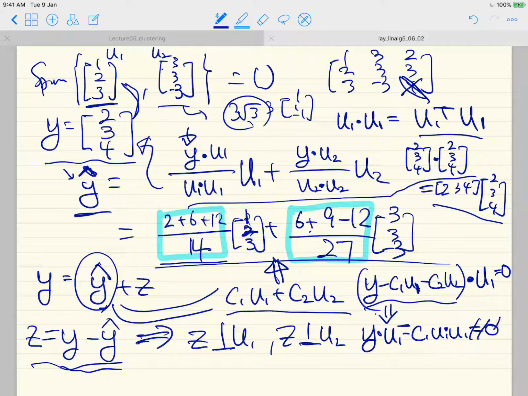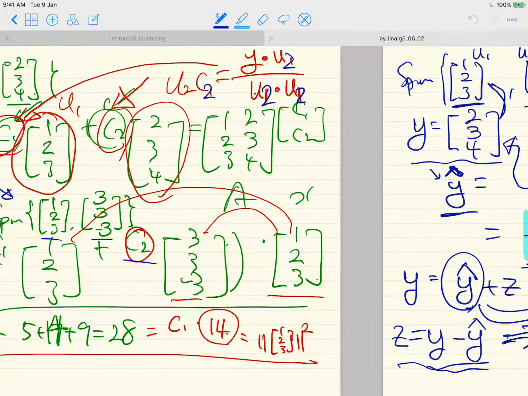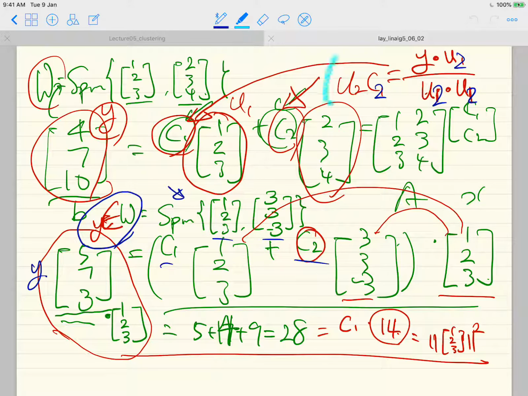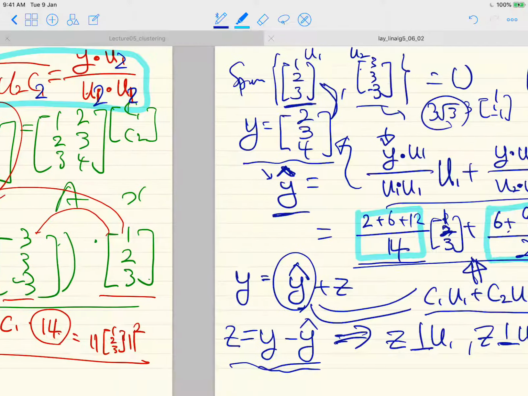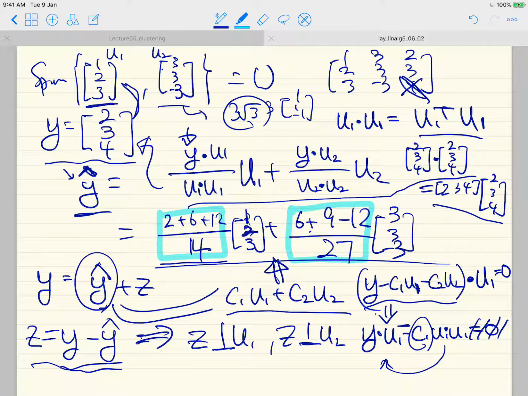And so C1 is just obtained as the exact same representation as this guy, right? So we proved it. We proved that C1 and C2 work as the linear combination coefficients for the orthogonal projection point y hat, okay? And those linear combination coefficients will be obtained in this manner.